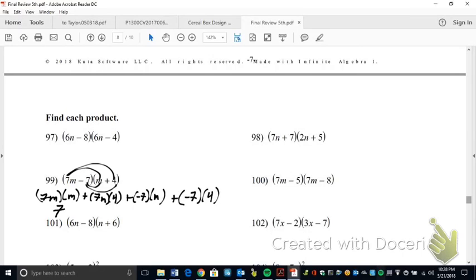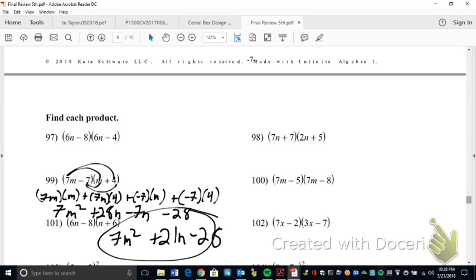Same thing, so we're going to go 7m squared plus 28m minus 7m minus 28. So you have a 7m squared plus 21m. It's an m. I missed a hump. Minus 28. There we go.